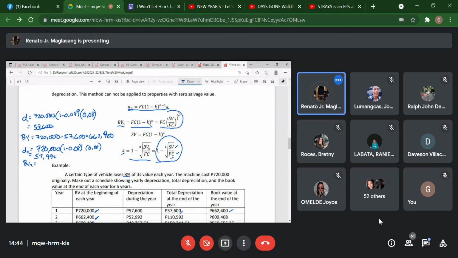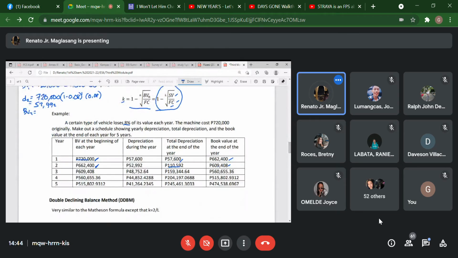So that will become 720... no, it will become 662,400 minus 52,992, which is equal to this one, or 720,000 minus 110,592. So it's either of the two. It's correct.